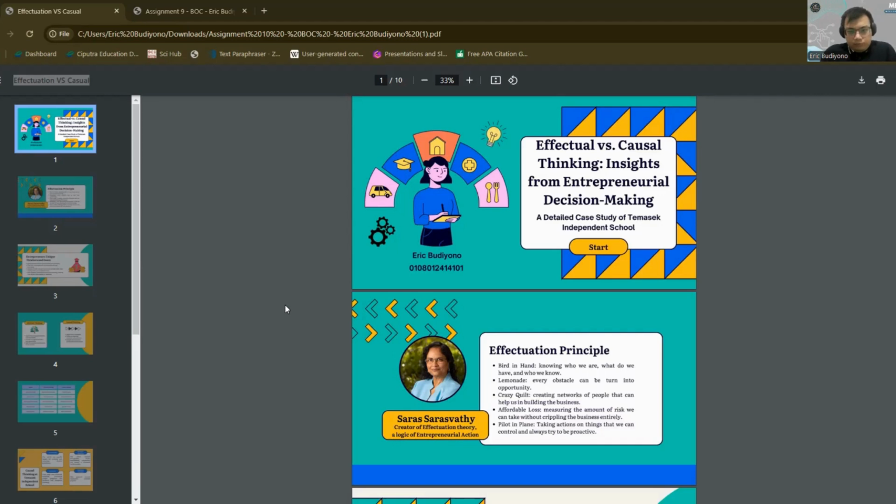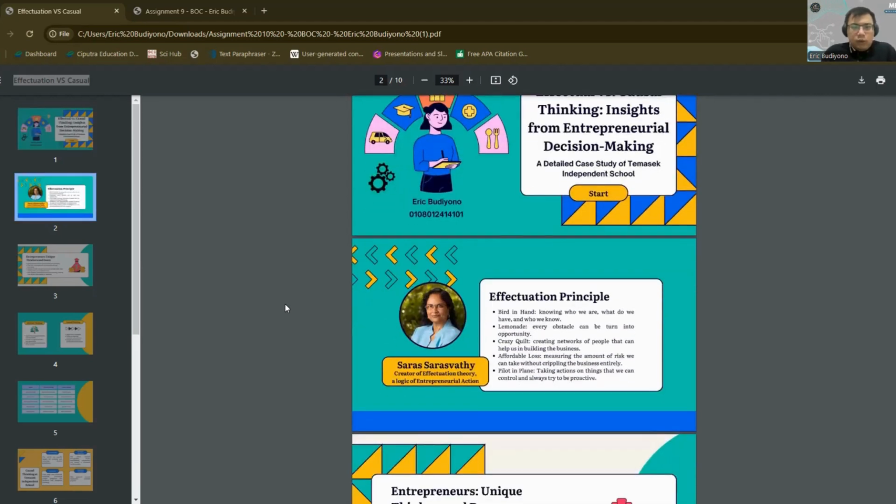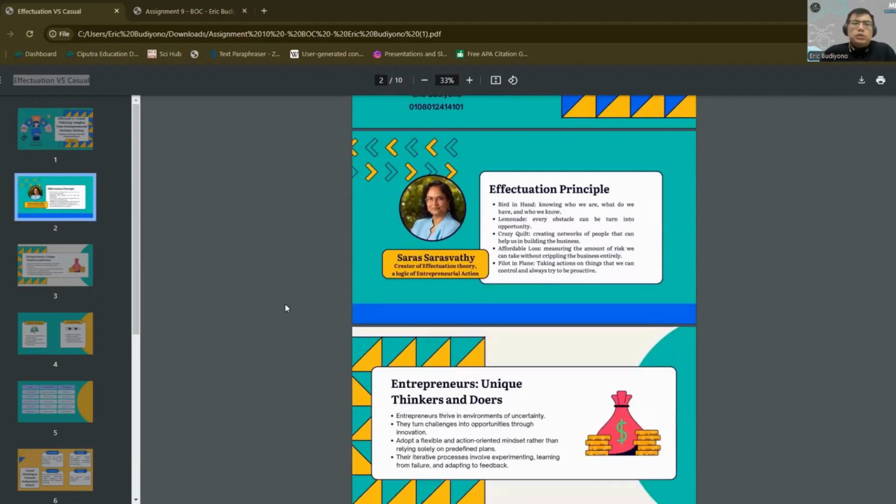Okay, so let's start. Effectuation principle, actually there are 5 of them. The first one is bird in hand, basically knowing who we are, what we have, and who we know. So basically knowing ourselves and what resources we have. That basically helps us to evaluate ourselves.